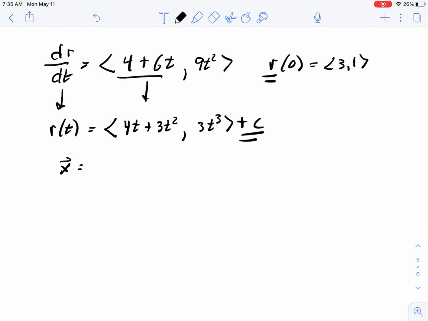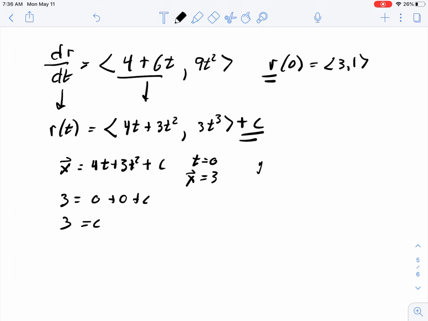My x component is 4t plus 3t squared plus some constant. At time 0, my x component is 3. So this would be 3, and my time is 0 plus c, so c is 3.